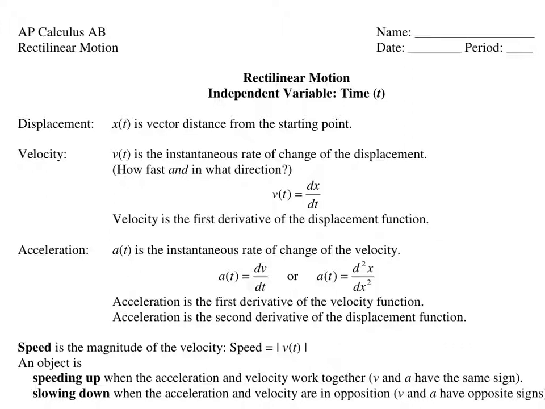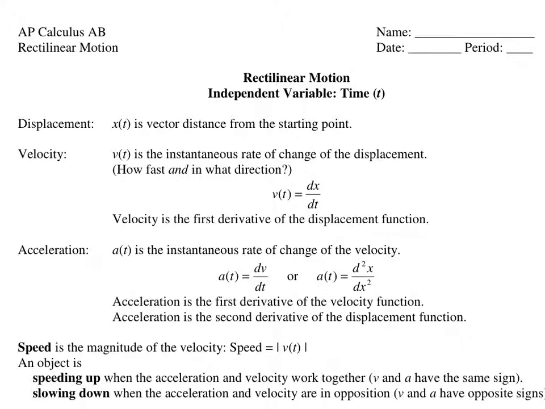We can consider it as moving across a number line or moving up and down. It doesn't matter which way the movement is, as long as we're only looking at one dimension at a time, as a function of time.